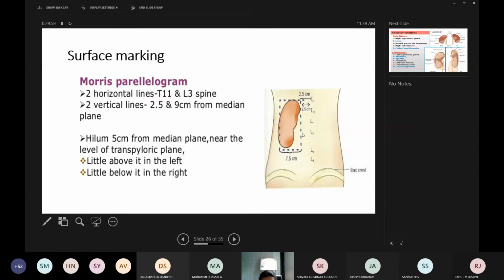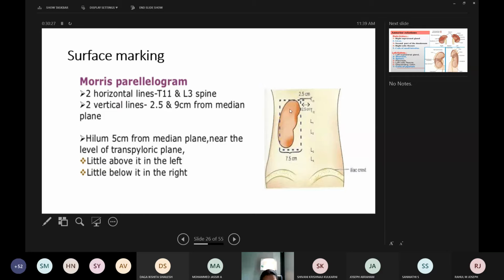The vertical lines are 2.5 centimeters from the midline and 9 centimeters from the midline. The rectangular structure we get is a Morris parallelogram. If we expose it from behind, we can approach the kidney.